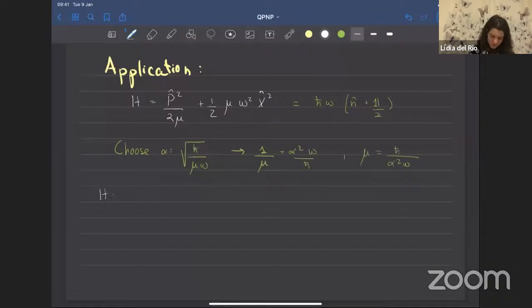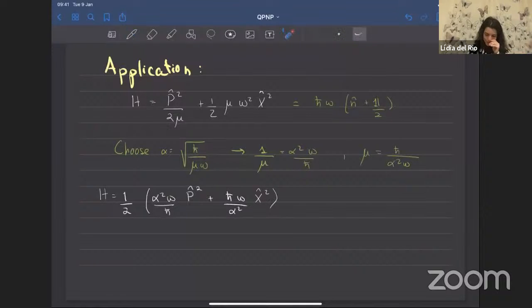So it's 1/2 of, so p squared over mu is p squared times alpha squared omega over h bar, plus, now I have mu again, so I get h bar omega over alpha squared, x squared.